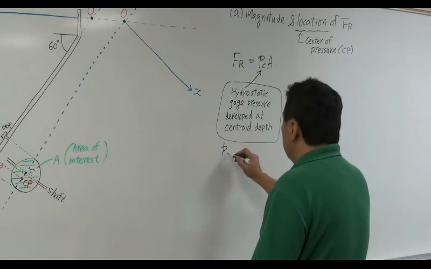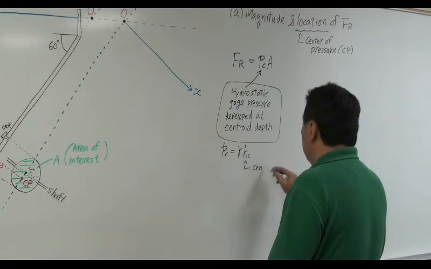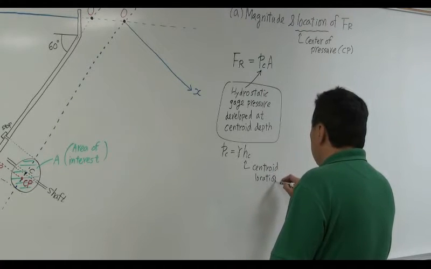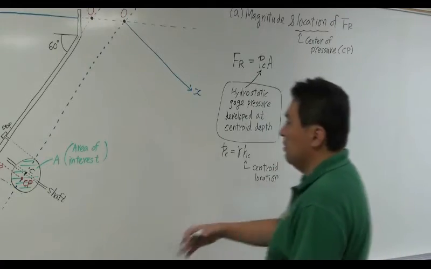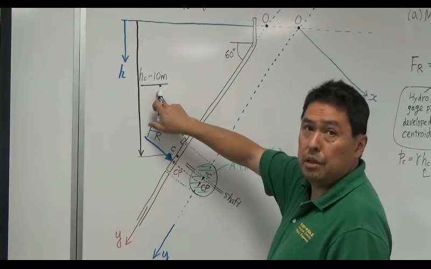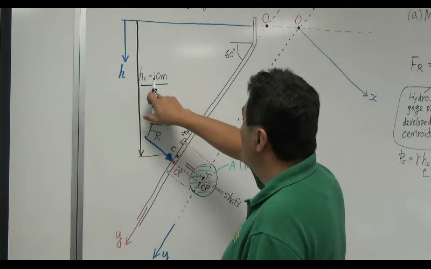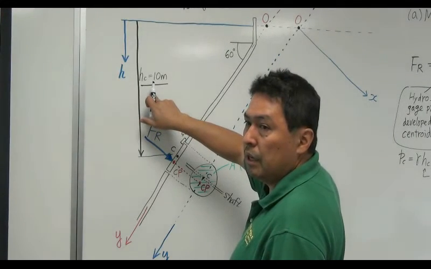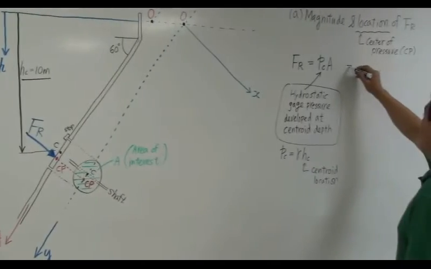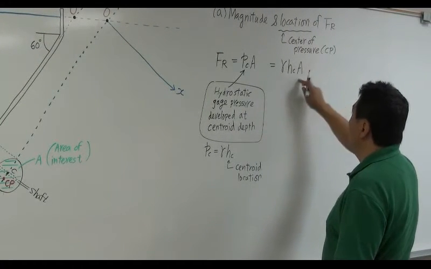So PC is gamma times HC, where HC is the centroid location depth. So in this particular problem, where is the centroid location? Let's go back to here. This is the depth to the centroid. HC is 10 meters. You know that, it's given. Multiplied by the specific weight of water, you're going to get the magnitude of this F1. It's a very simple deal. So this is going to be gamma of water times HC times the area of your interest.